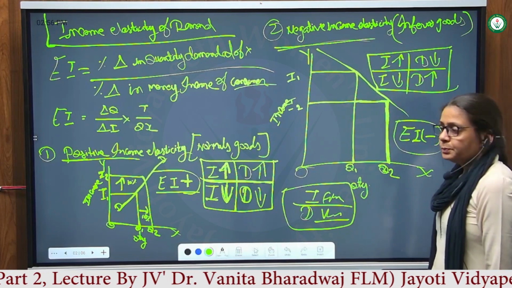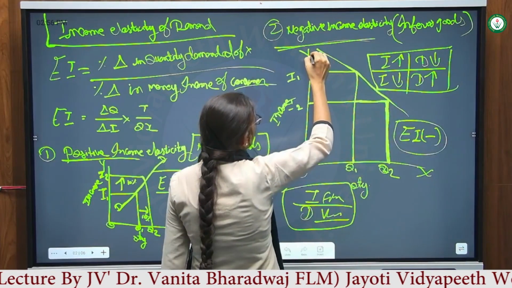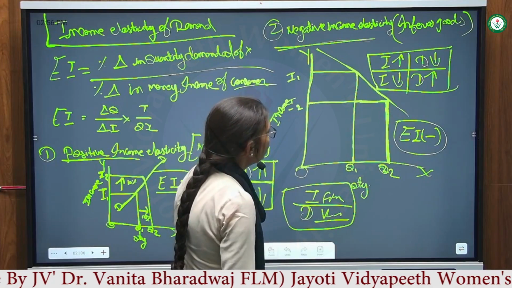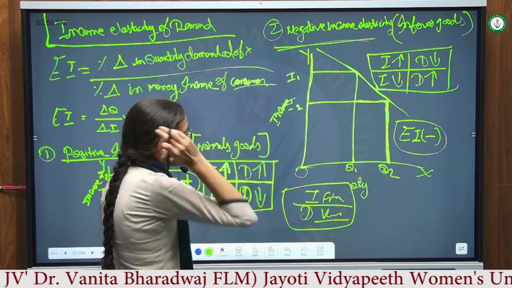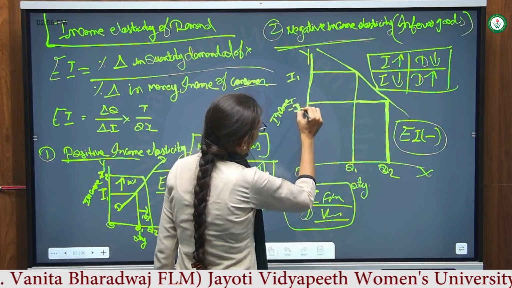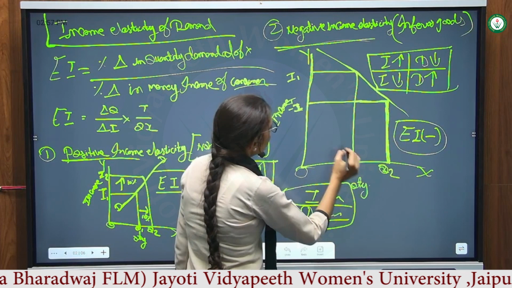For example, there is a consumer. This is the graph of a normal consumer. When their income is OI, okay, he was demanding inferior goods OQ2 because his income is less.